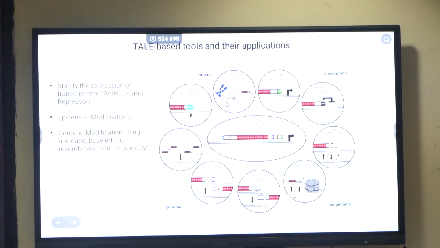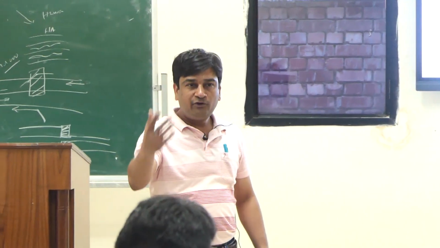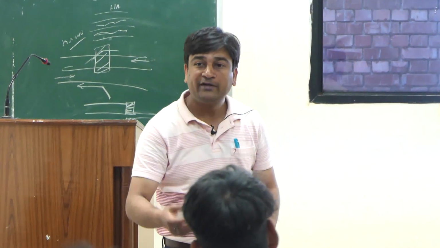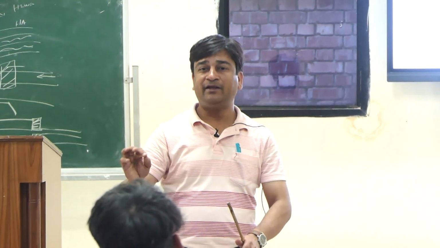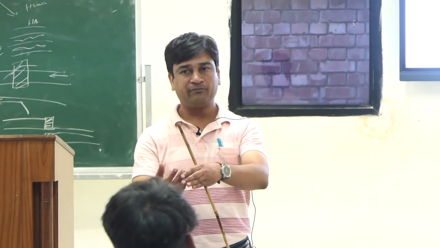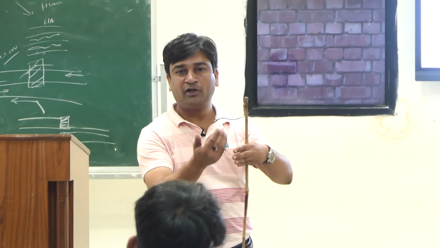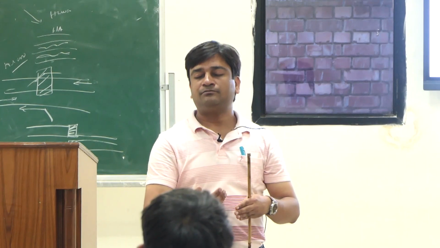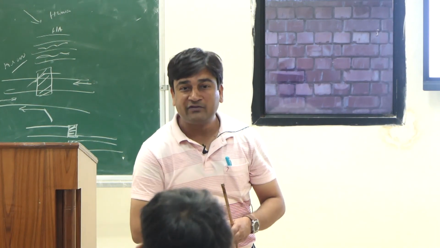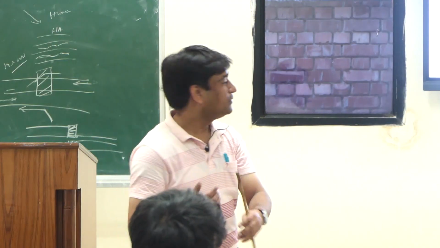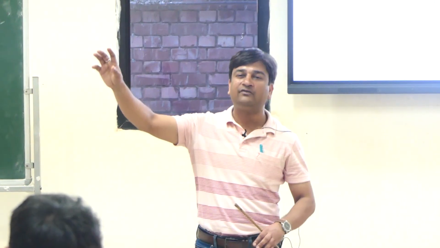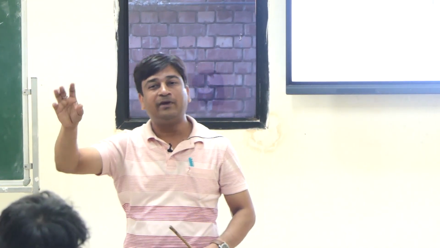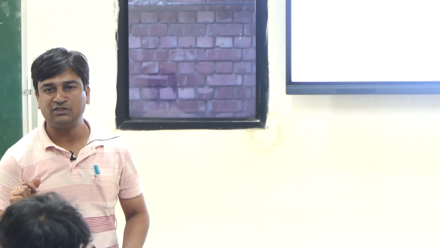So again, various applications of TALEs. If you want to modulate the expression of the target gene and you do not want to cut anything, that is called a dead nuclease. You can take a dead nuclease and just append a modifier, like for instance methylases, acetylases, that you can append on your TALE, and then they will take these acetylases, methylases to the target site, and those are going to manipulate the expression of the gene without cutting the gene sequence.